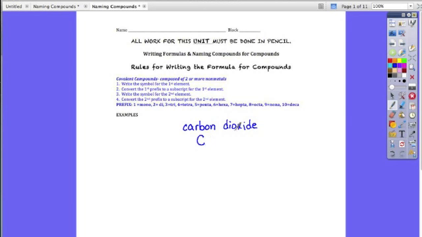Step 3, you will write the symbol for the second element, which is oxide or oxygen. You would then, step 4, take the second prefix and convert it to a subscript for the second element. So di would be equal to 2. So the formula for carbon dioxide would be CO2.